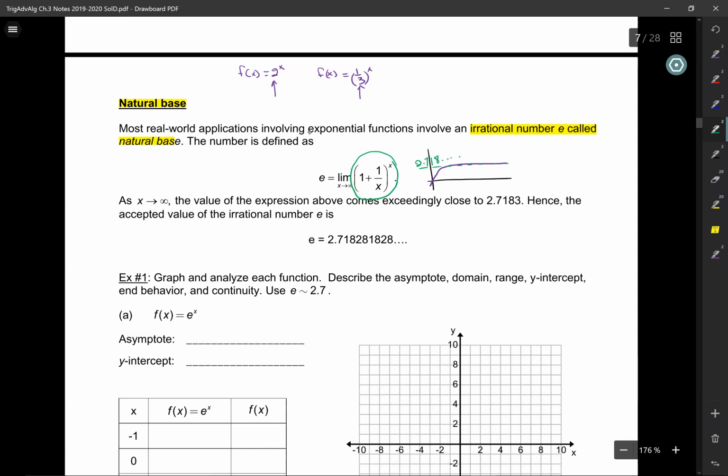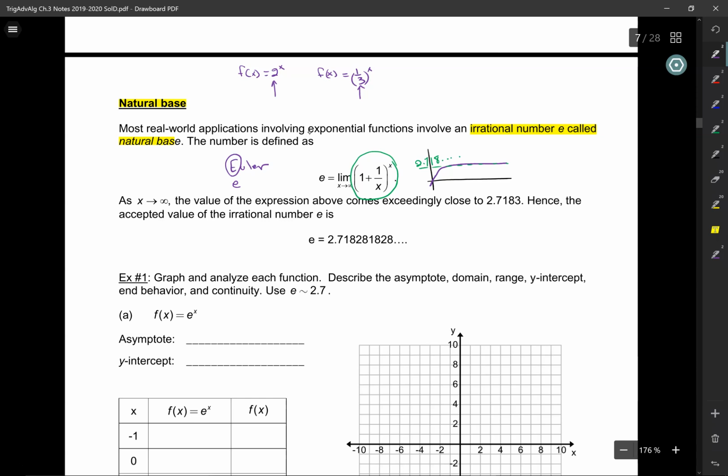That special value is what we call e. Why do we call it e? Well, it's named after the mathematician Euler, and because it's named after him, it gets the symbol e.